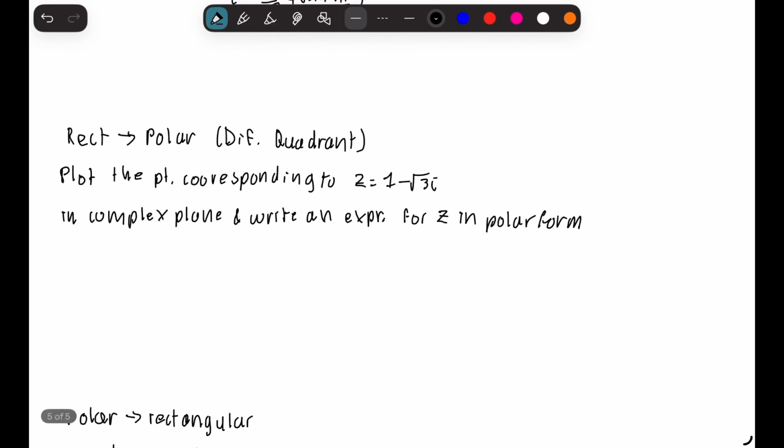Plot the corresponding point to z is equal to 1 minus the root of 3i. This is going to be your x. This is going to be your y.